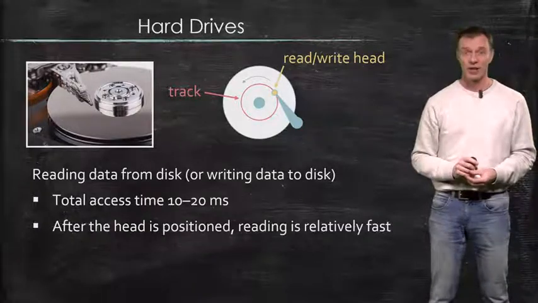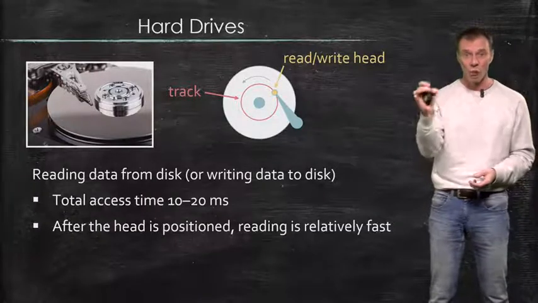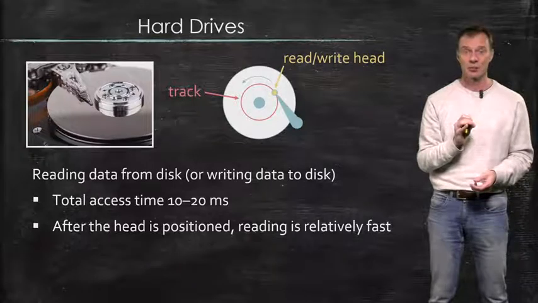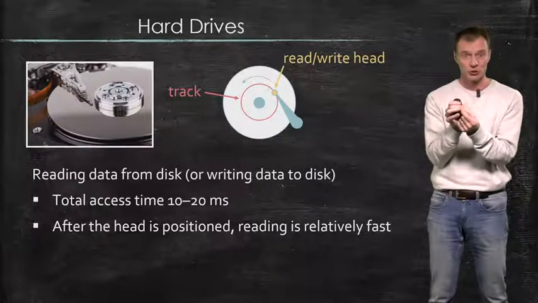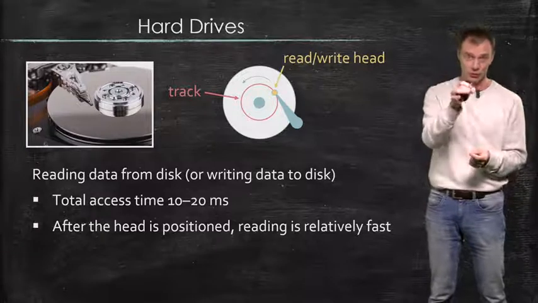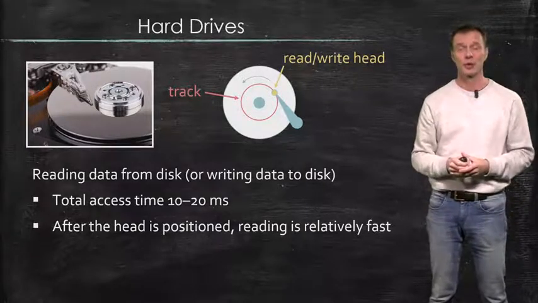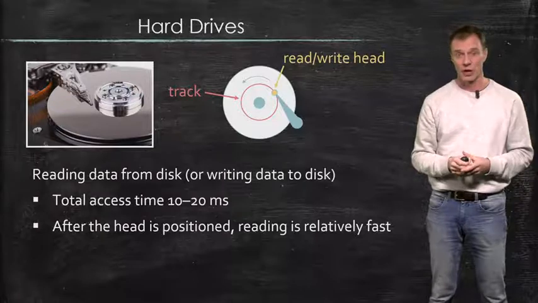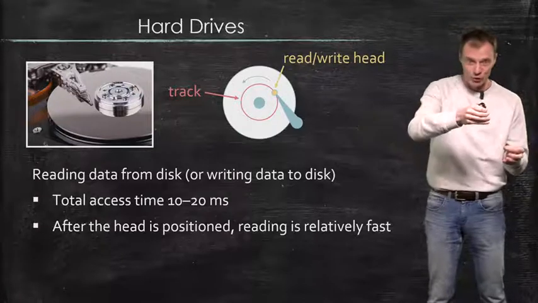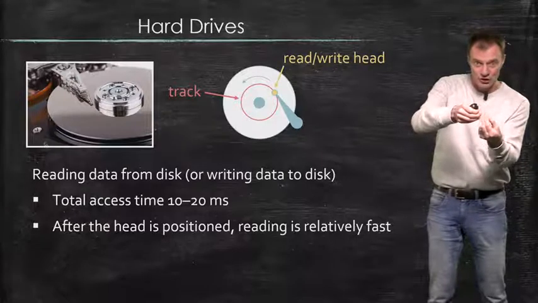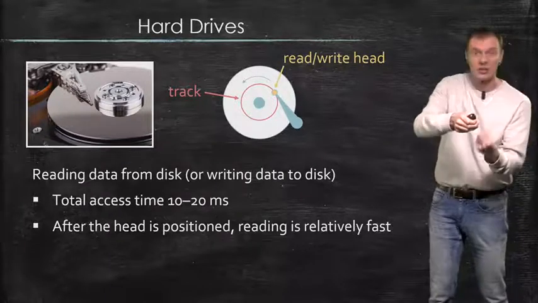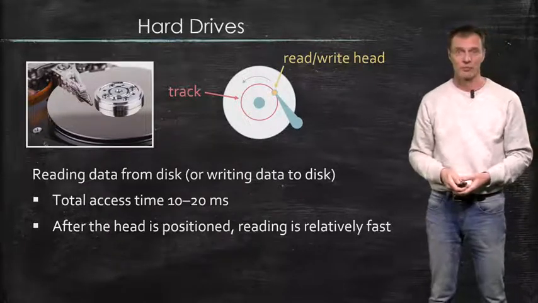But what is nice is that once your head is in position, then reading other data elements that are stored next to the one that you were originally reading is going to be relatively fast, because you don't need to move the head anymore. The disk is already there, so if you now start sequentially reading, you can read very quickly.